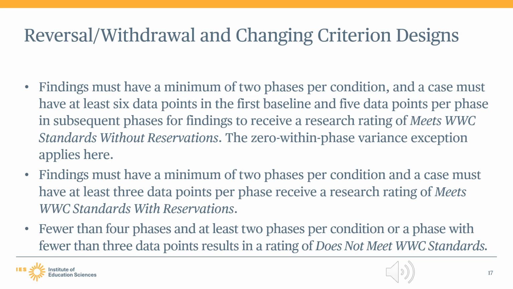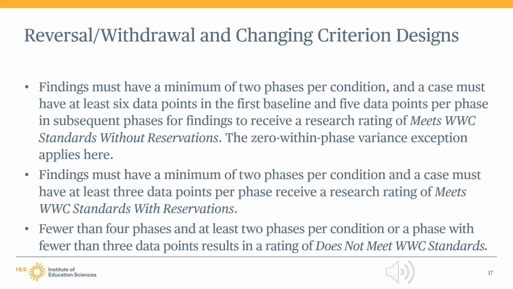The first baseline phase must have at least 6 data points, and all other phases must have at least 5 data points. Any phase with at least 3 data points and 0 within phase variance will also be sufficient to meet the requirements for the finding to receive a research rating of meets WWC standards without reservations.